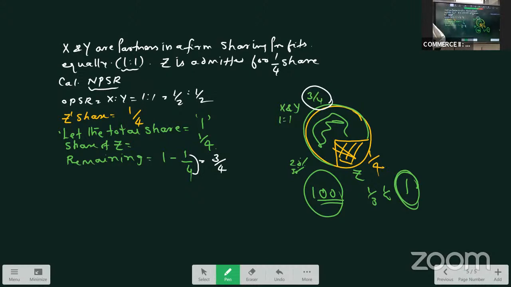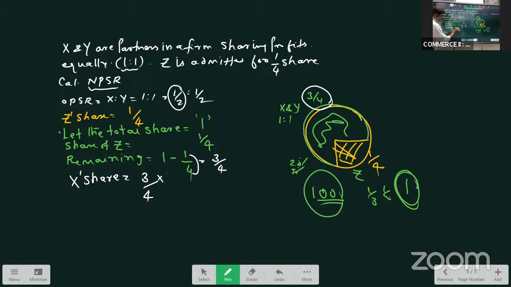Okay. So this remaining share 3/4 now is divided between X and Y. So what would be the share of X? Leftover is how much? 3/4. What was the old ratio? I said 1/2.